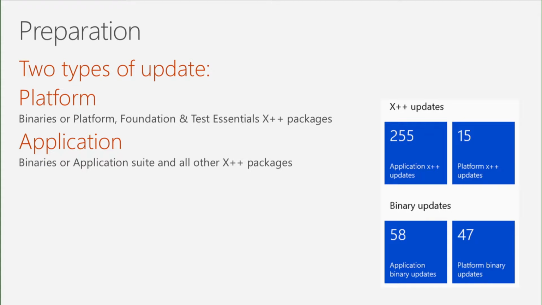Now, sharp-eyed people will have noticed that it says there's an X++ element to platform now, because there is. Some of the packages in AX7 belong to platform. So that platform foundation and test essentials, which are X++ packages or models, belong to platform.